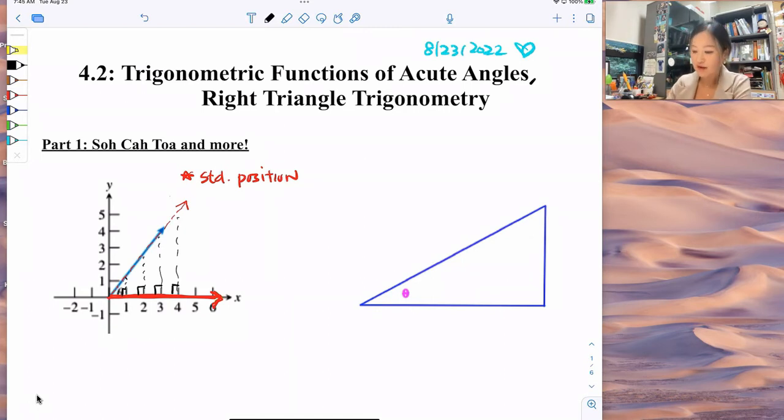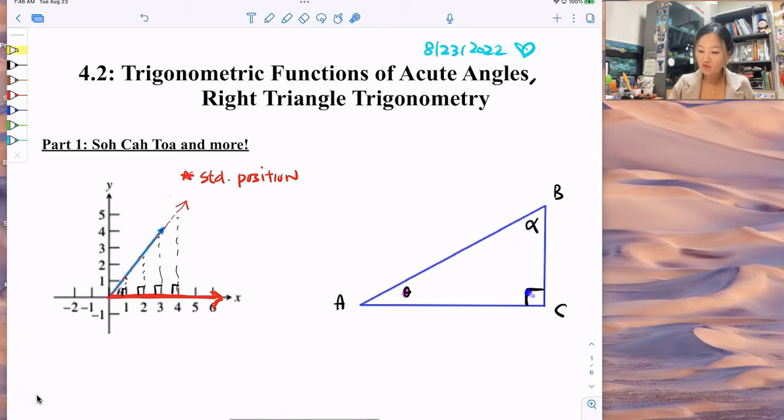Now, we see a right triangle here. How do we know it's a right triangle? A right triangle always has to give you the right angle symbol, okay? So this has to be a right triangle because it has that little box. This is the angle that we're referring to, and let's just put large A, large B, and large C, okay? And this angle here, let's call it alpha. So we have alpha and angle theta, okay?